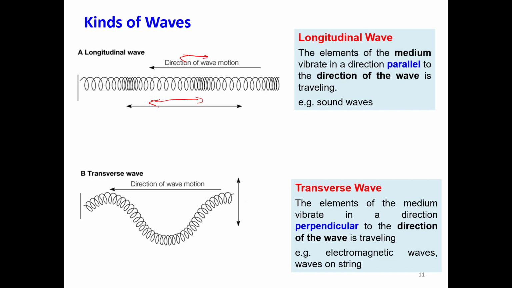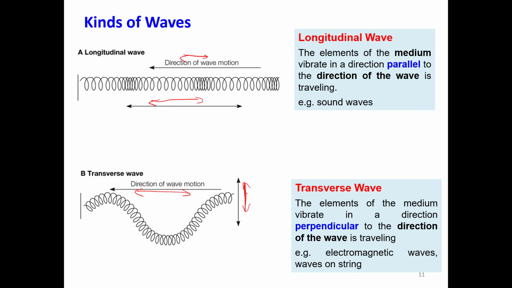But in the case of transverse waves, the particles of the medium vibrate in a direction perpendicular to the wave motion. In this case, the particles of the medium vibrate in this direction, but the wave moves in this direction.